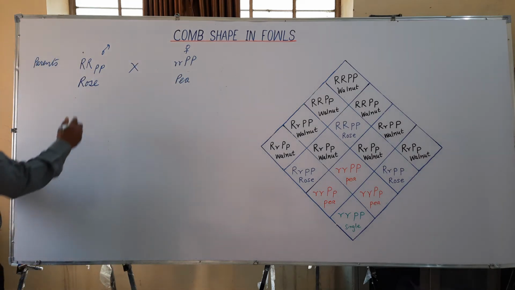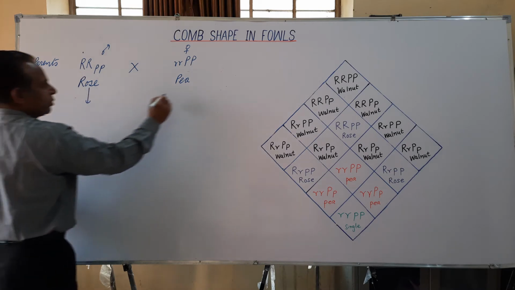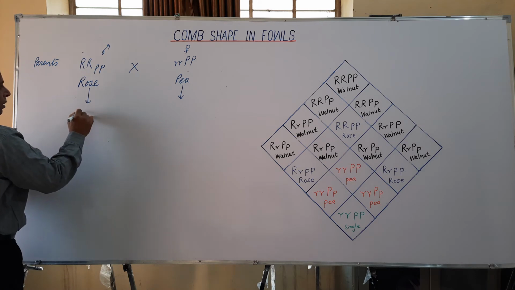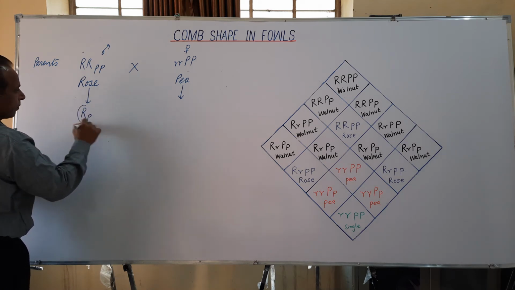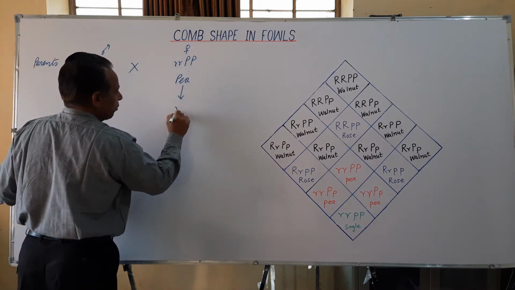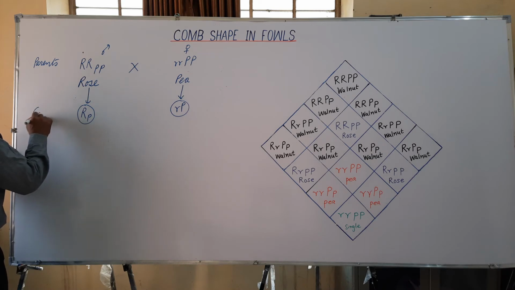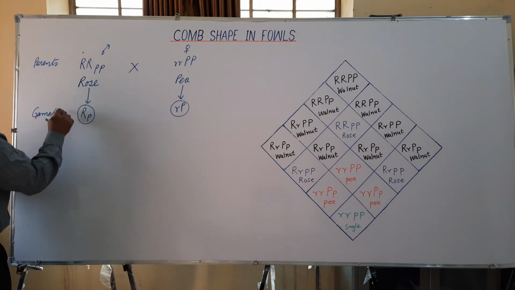The homozygous parent always produces one type of gamete. From the rose, the gametes possess the genotype capital R small p, and from the pea, small r capital P. These are the gametes produced from the parents.